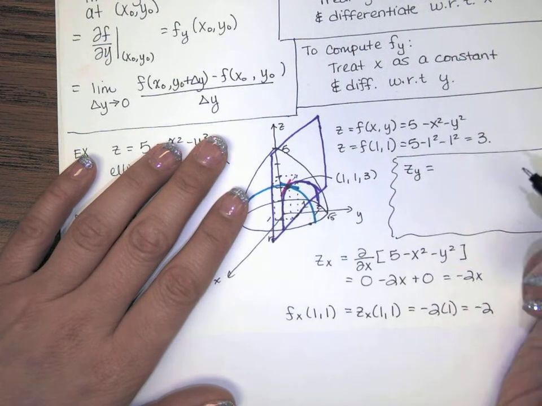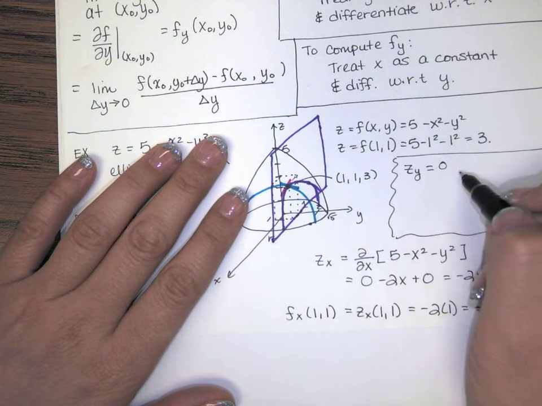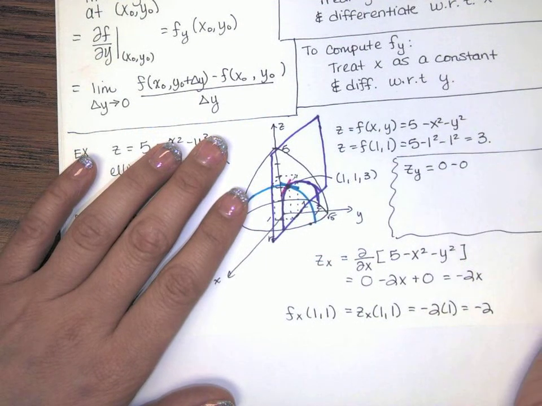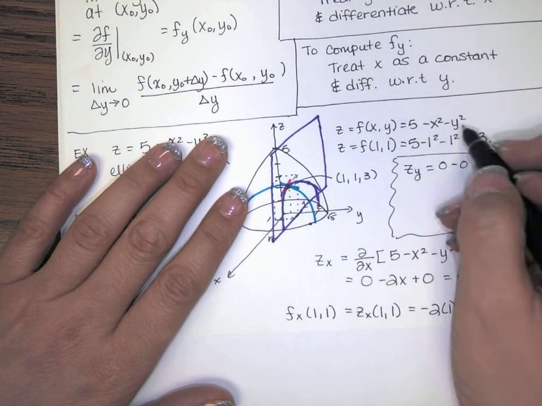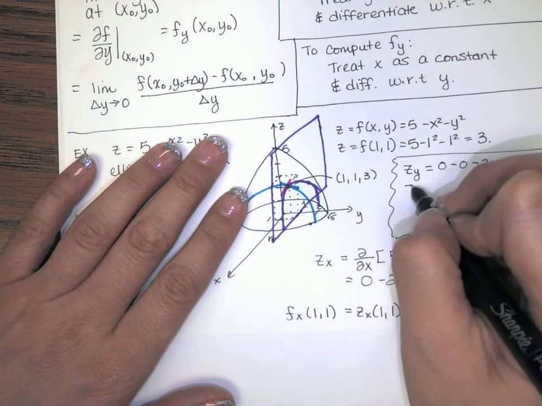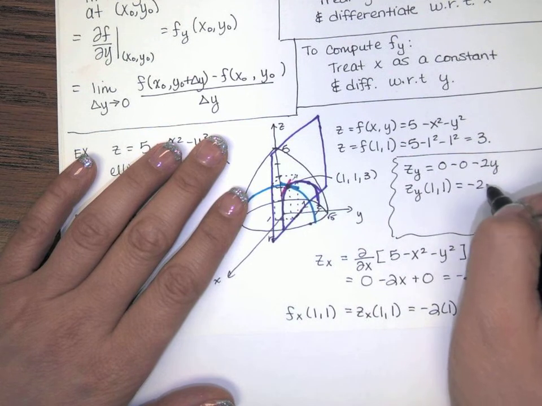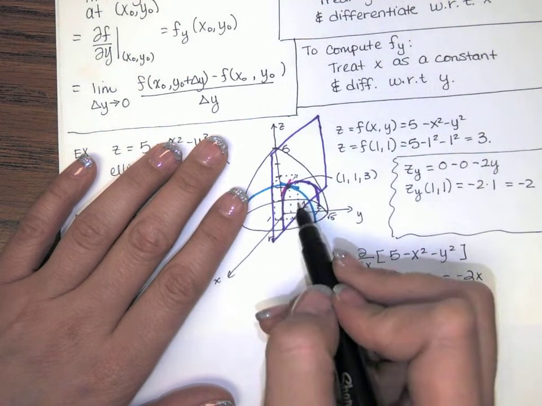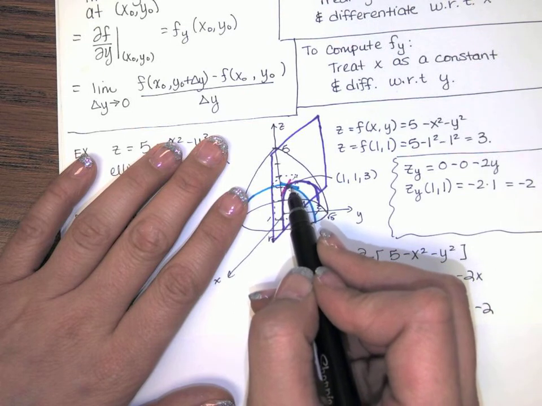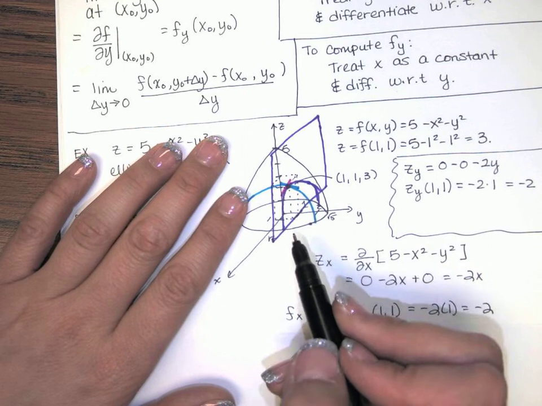Derivative of 5 with respect to y is 0. Derivative of negative x squared with respect to y, there's no y in it, so it's also 0 because we're treating x like a constant. And then the derivative of negative y squared with respect to y is negative 2y. So the slope of the surface at 1, 1 in the y direction is negative 2 times 1, so negative 2. So the z's are going down. Our z's are decreasing by 2 when y increases by 1 at that point instantaneously.